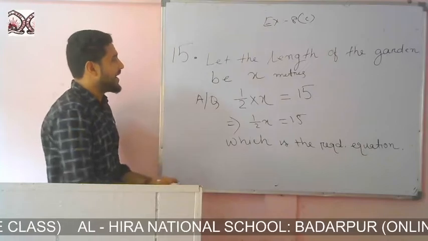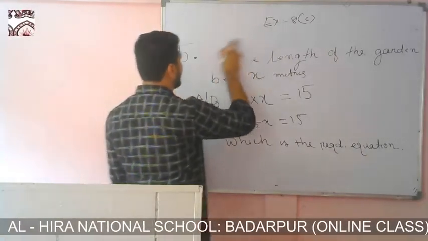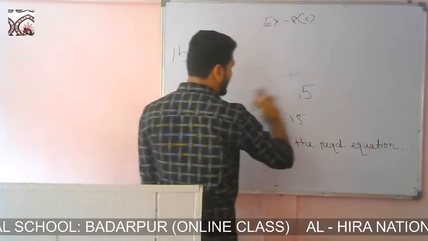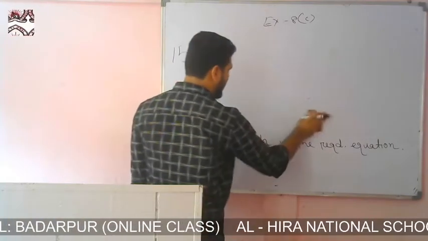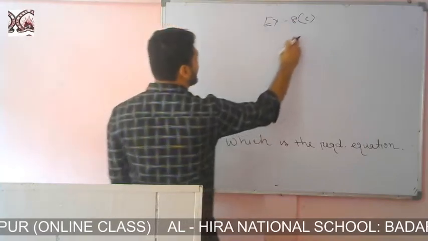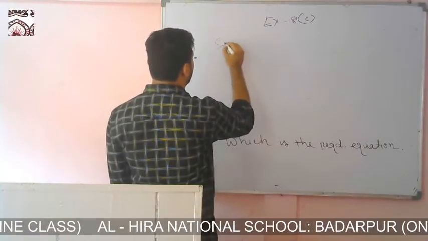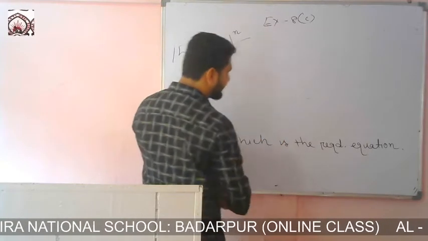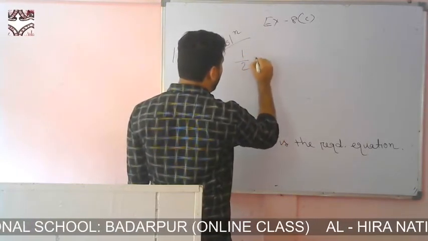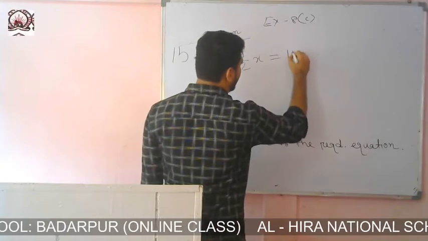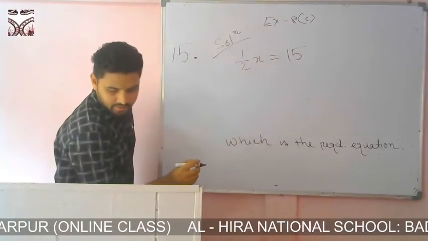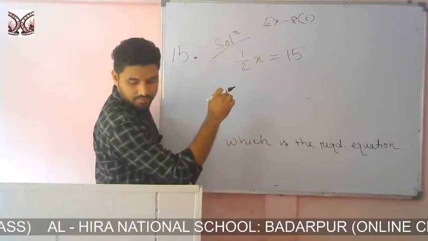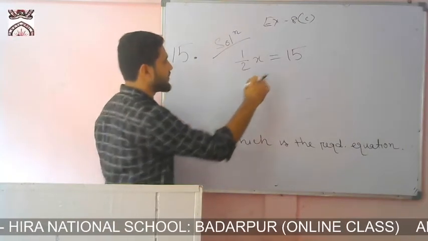Now we have to find the solution of the equation. Okay, so you see how to solve. Write solution. Okay, you see half x equals 15. Half the length of Janice's garden is 15.